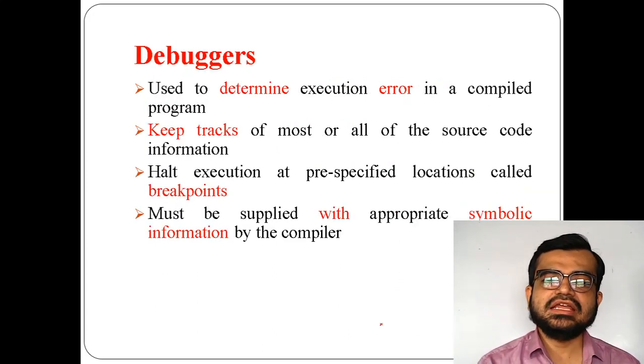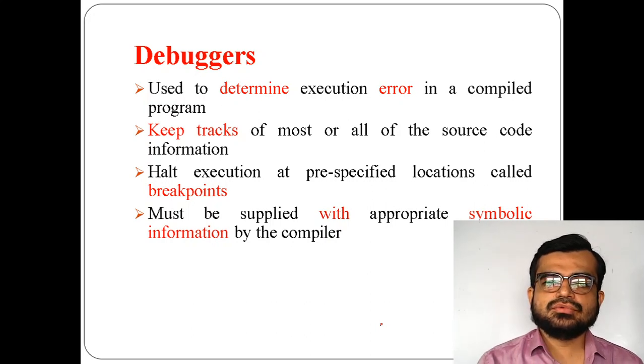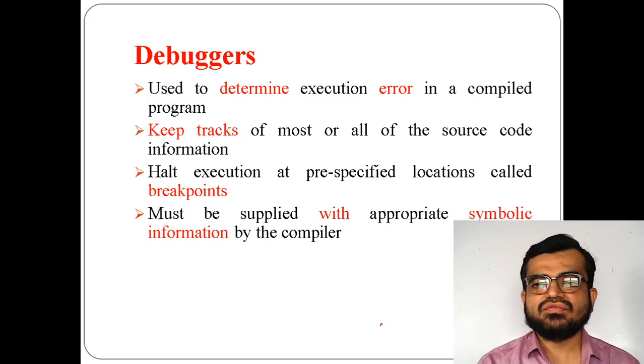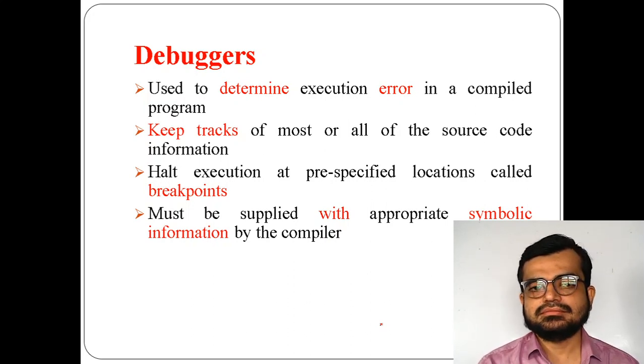Now the next thing is the debugger. A debugger determines the execution errors in a compiled program. Here also it does some of the tasks of the compiler. It tells us the execution errors while executing a program, determining the errors in a compiled program.